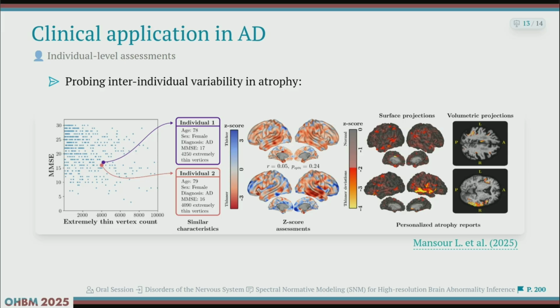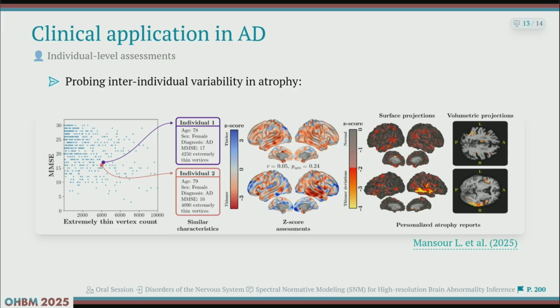Not similar to the group level map that we saw earlier, and not similar to each other. Interestingly, our approach can also map these at the level of native subject, so either at the cortical surface projection or at the native MNI space. So this can potentially be something that a clinician could have a look at early on to see those markers of extreme atrophy.